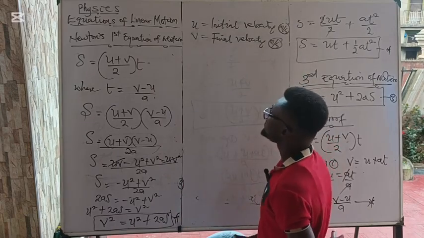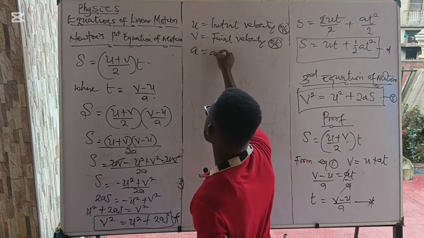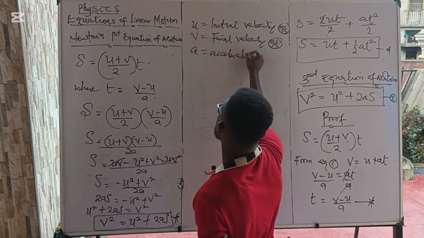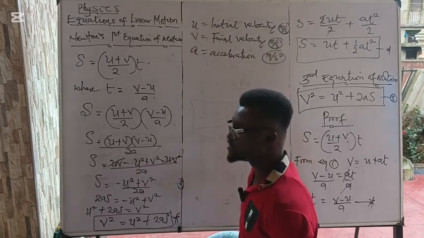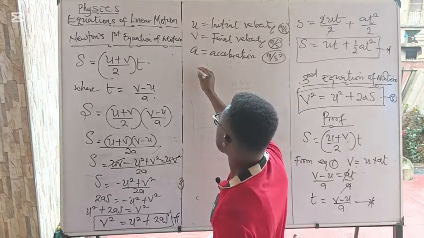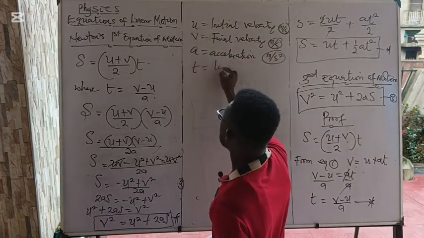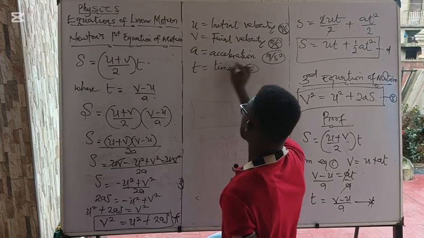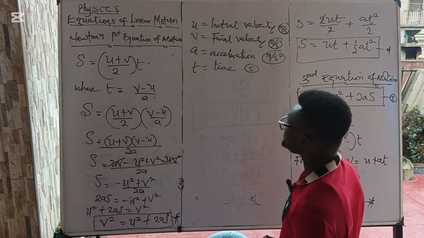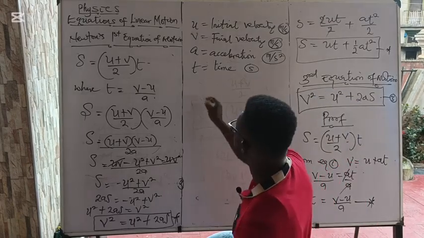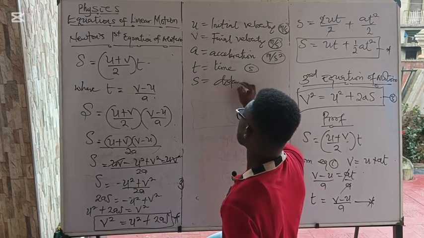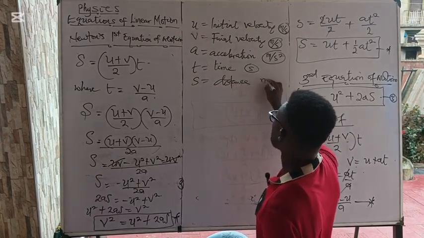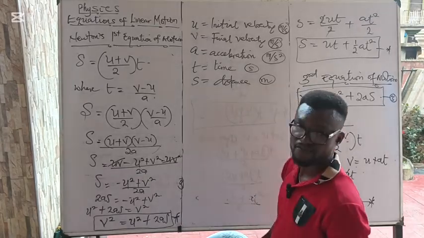Then we have a as acceleration, and acceleration is measured in meters per second squared. Then we have t as the time. Time is measured in seconds. Then again, we have s as a distance or displacement, and it is measured in meters.